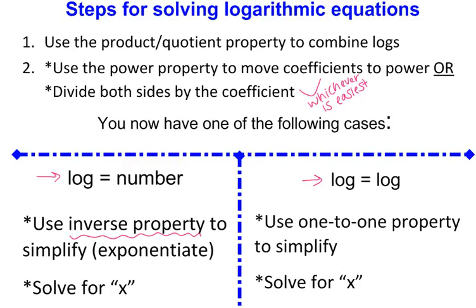We exponentiate it to cancel out and then solve for x. When we have log equals a log, we use our one-to-one property to simplify and then solve for x. Remember when the two logs can just go away because they're like bases? We won't focus on anything with unlike bases on either side of your equation. So whenever we see log equal to a log, we'll be able to use the one-to-one property.